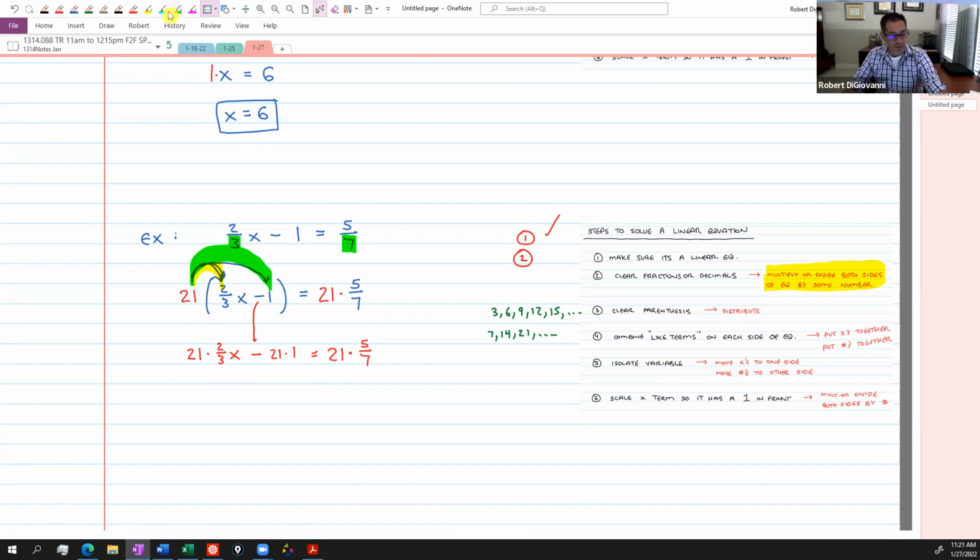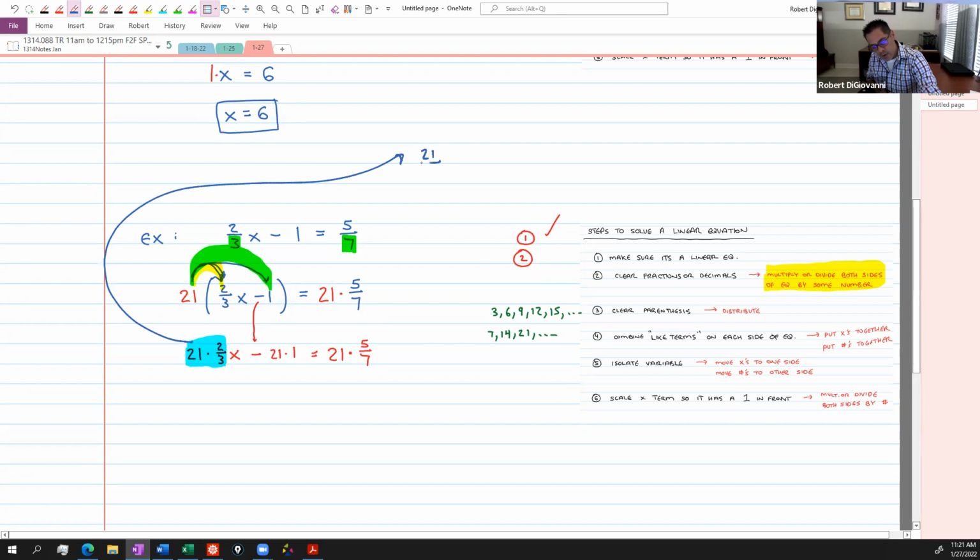Now, this multiplication that I'm about to do right here, I'm going to multiply those two numbers together, 21 times 2/3. This is something that we've already done, right? We talked about this last week. Really what we're doing here is taking 21/1 and multiplying by 2/3, so we're multiplying two fractions.